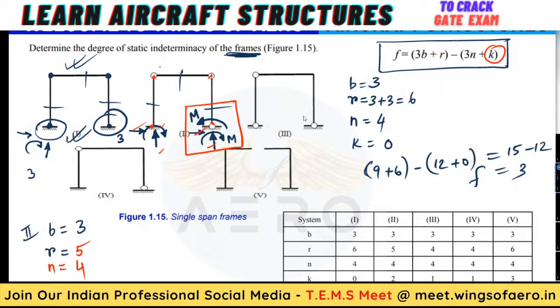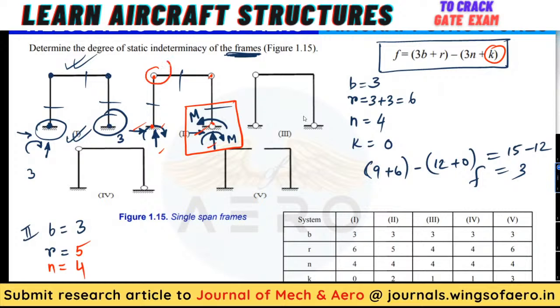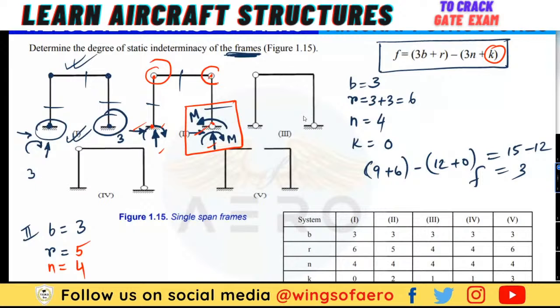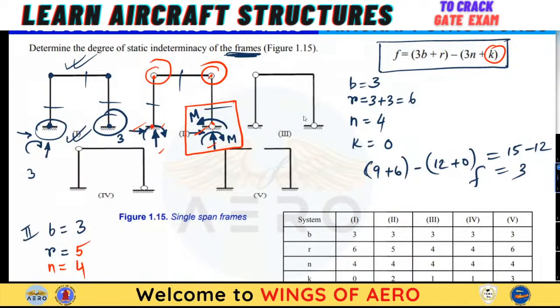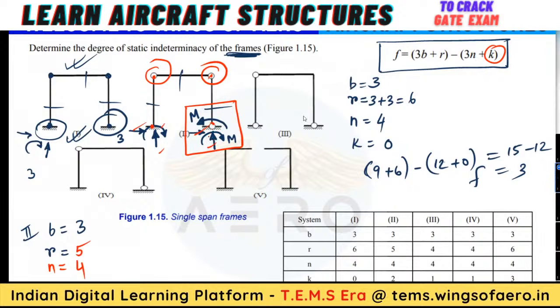Now here, what are the additional hinges you can see? Here one hinge you can see, right? Here another hinge you can see, right? This is the hinge along with the support. So we have considered that. Okay. So we have two additional hinges.